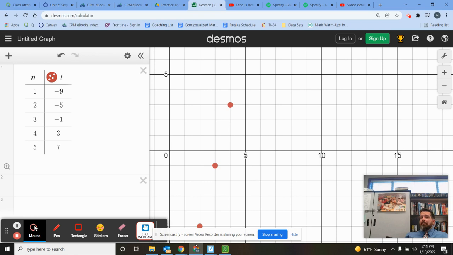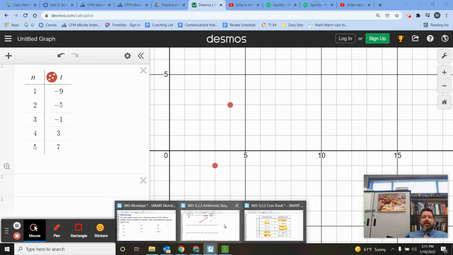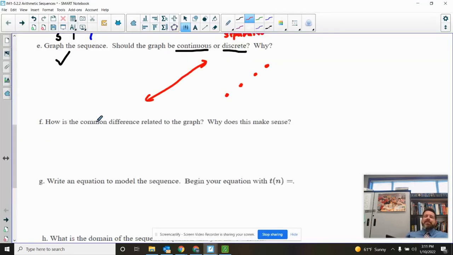I'm going to put it this way as we come back here. How is the common difference related to the graph? The common difference, which remember we're going to denote using the lowercase letter d, I'm trying fairly desperately to get this to be a pen again.